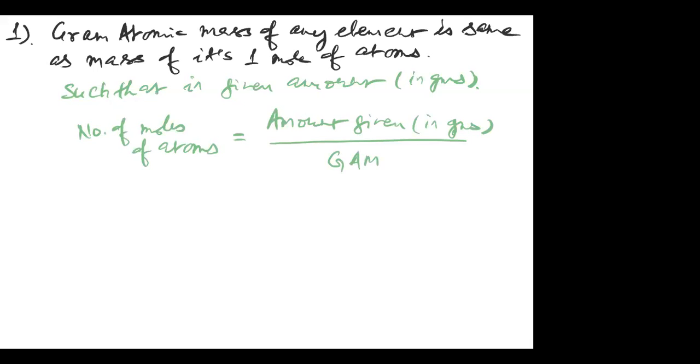So I'm repeating again, gram atomic mass was the mass of 1 mole of atom. So if you have to find out the number of moles, the amount given should be divided by the mass of 1 mole of atom. It will be the number of moles.